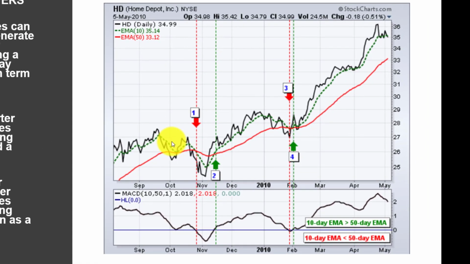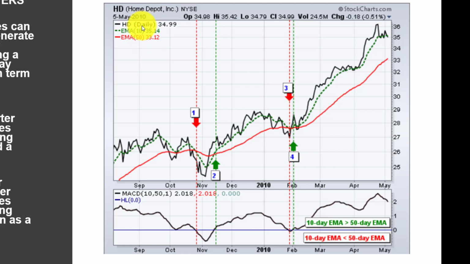So first, let's identify a golden cross. Okay, so a golden cross would indicate a bullish indicator in the price. So we'll look for the shorter moving average. Here we've got two moving averages, the 10 daily moving average and the EMA 50 daily moving average. So when the shorter moving average crosses above the longer moving average, this will indicate a golden cross.